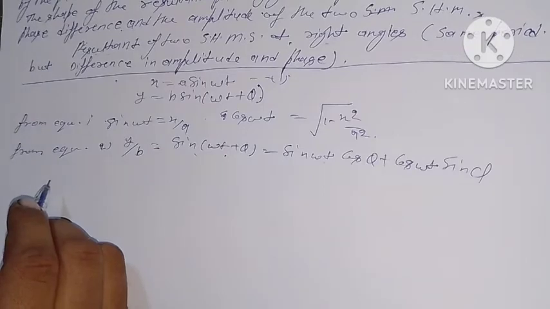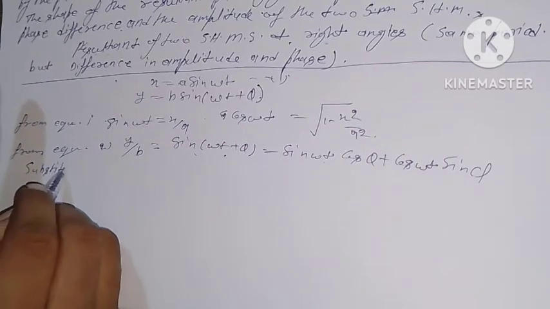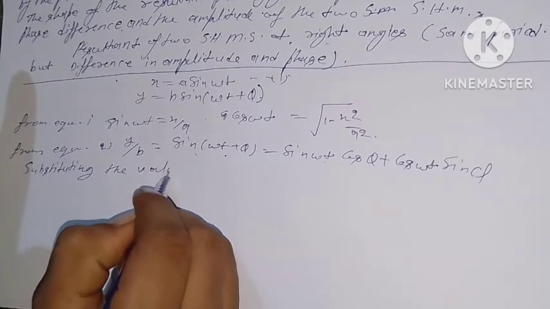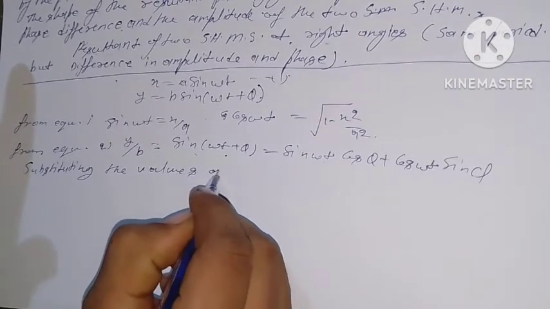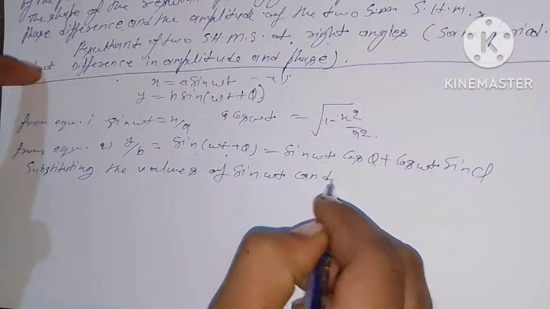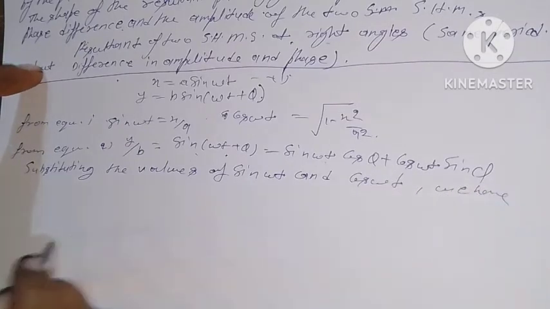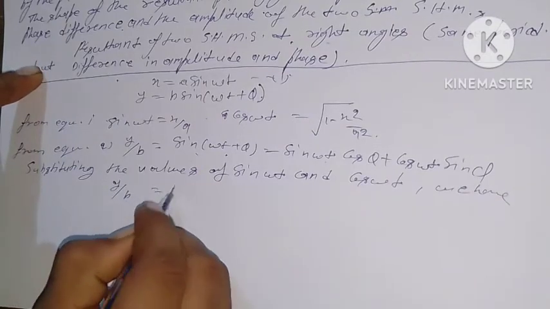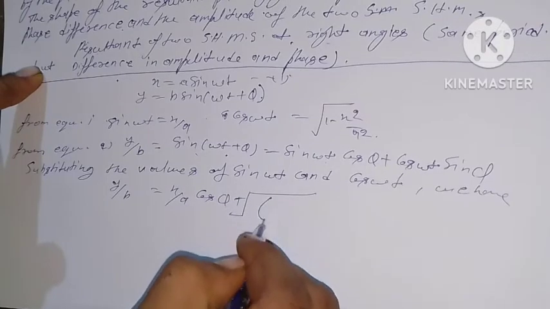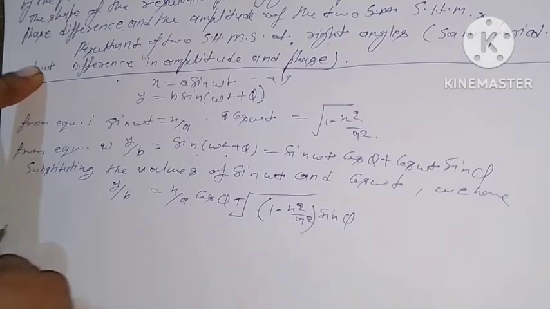Substituting the values of sine omega t and cos omega t, we have y upon b equal to x upon a cos phi plus under root of 1 minus x square upon a square sin phi.